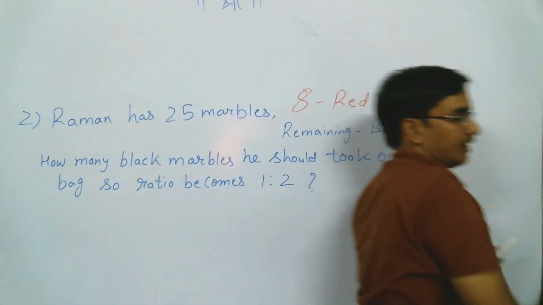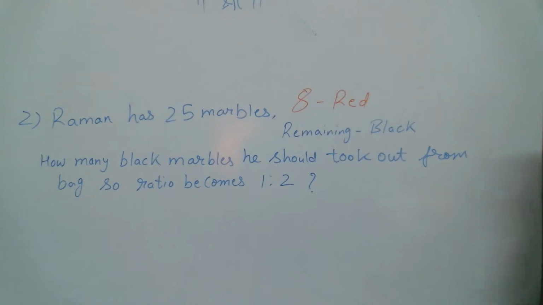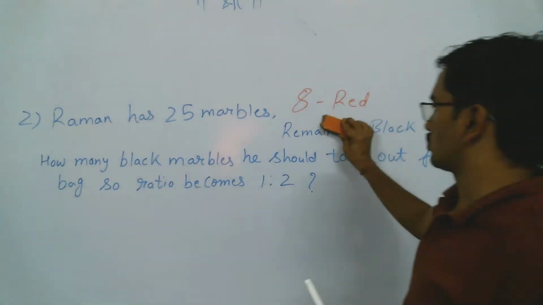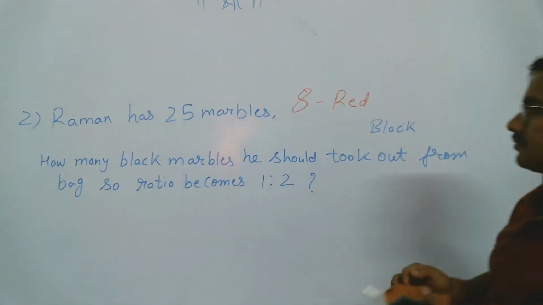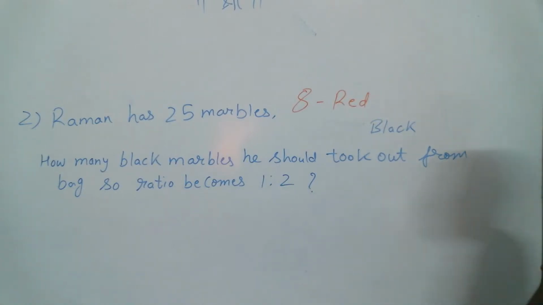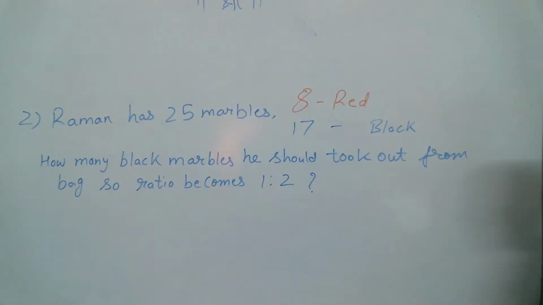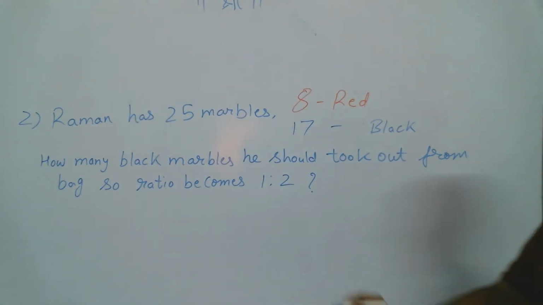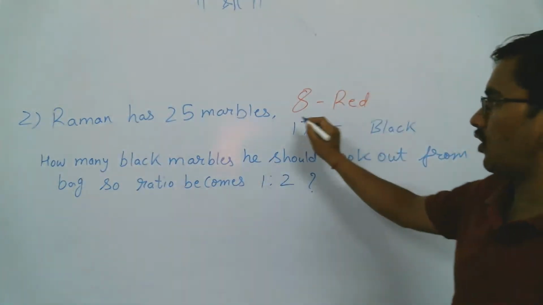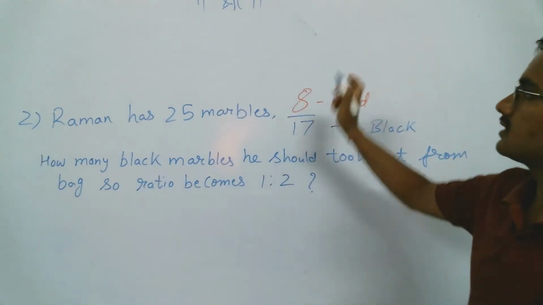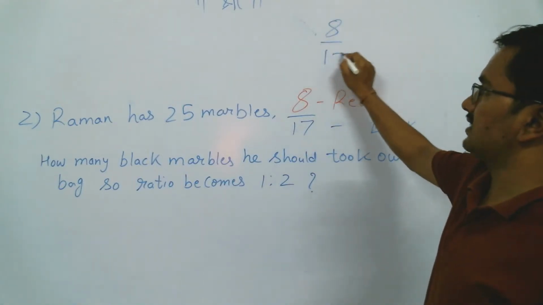Okay, out of 25, 8 are red. So how many are black? 17 are black. Now we just want to subtract something from 17. Yes, it is 8/17.